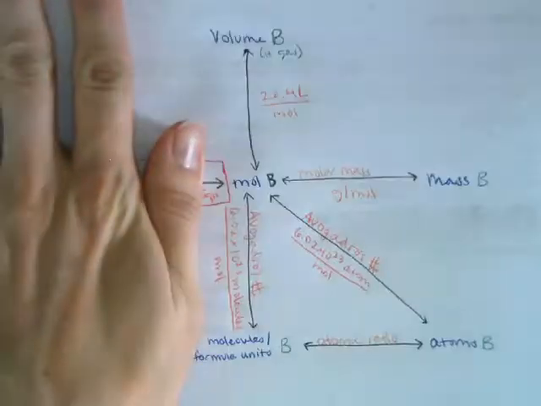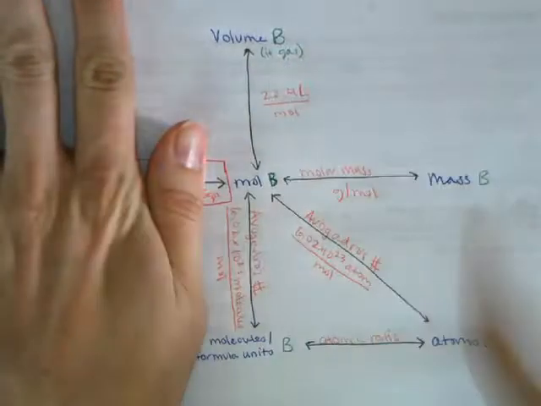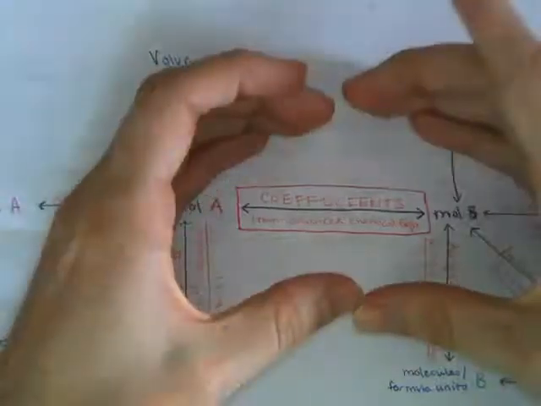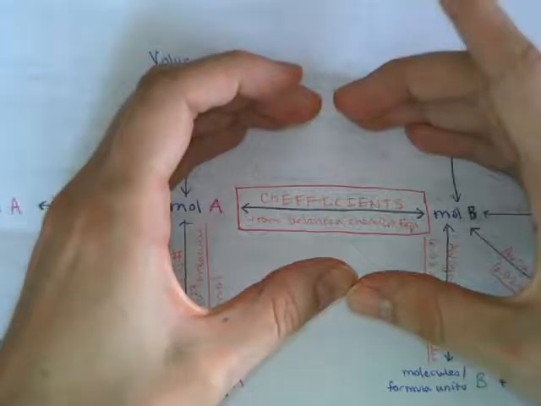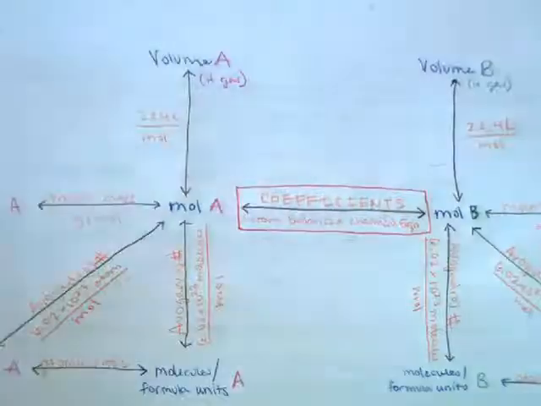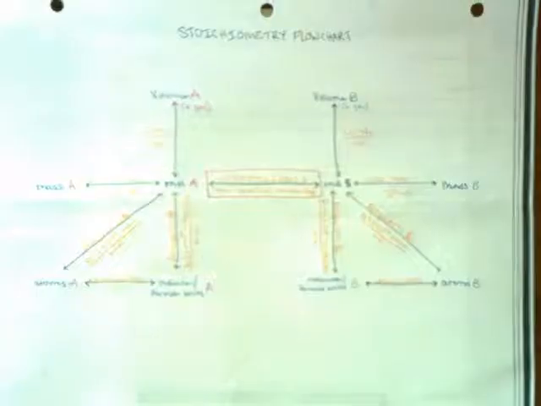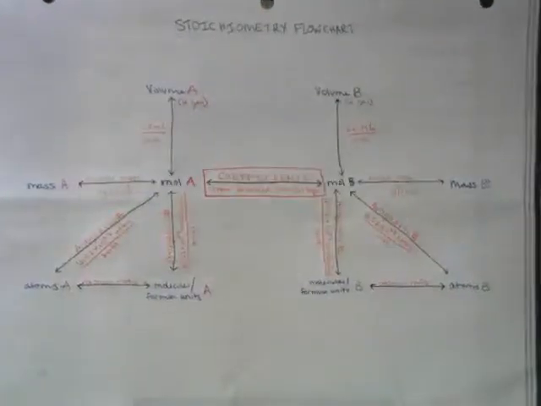Okay, so this over here is the same exact thing, just mirror image, and I said for B. All we've done in stoichiometry is added this connecting bridge that allows you to change substances. But here's the awesome thing: I can follow any path whatsoever that I want to convert from one thing to another.